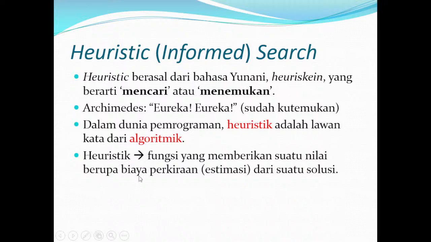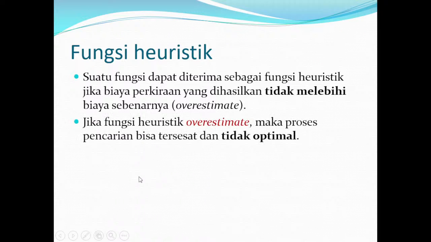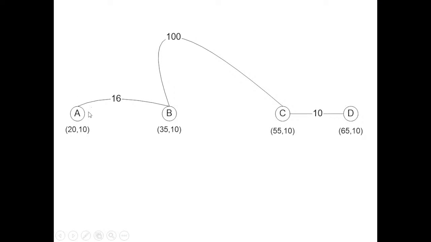Okay, let's say that we have a function like this. For example, when we have points A, B, C, and D. We can go from A to B, and if we say that the heuristic is 16, we will say that this function is not quite good enough.